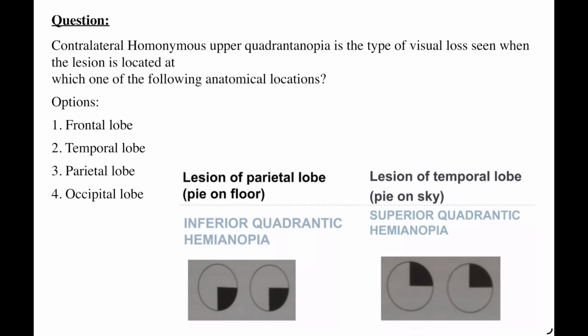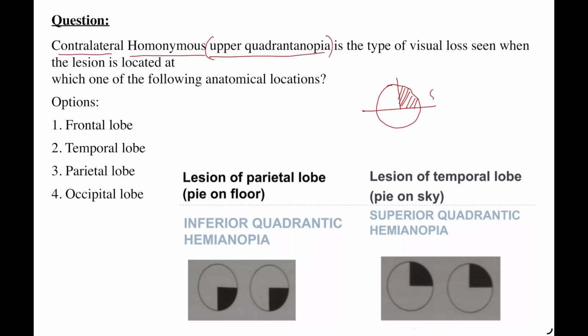Let's look at this. There is contralateral homonymous upper quadrantanopia. So one quadrant, the upper quadrant, is getting affected.